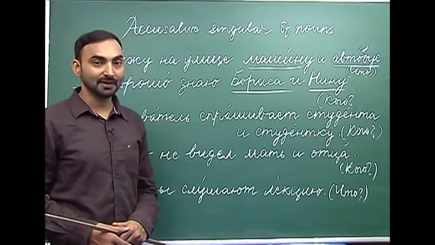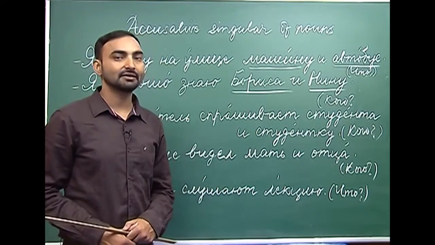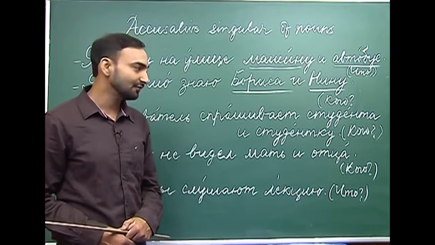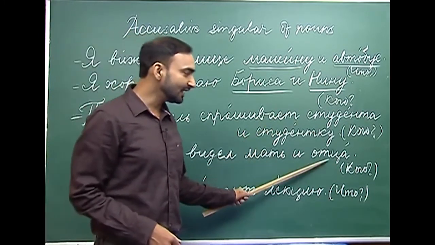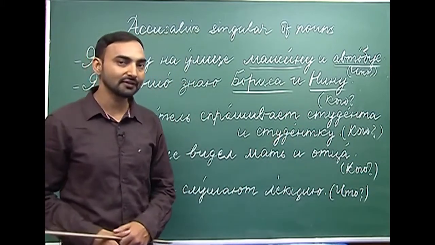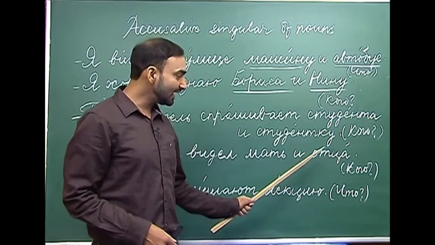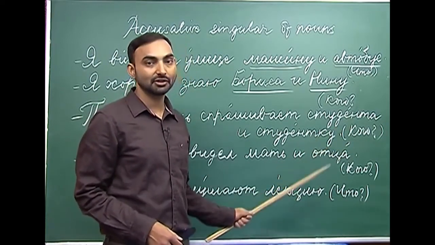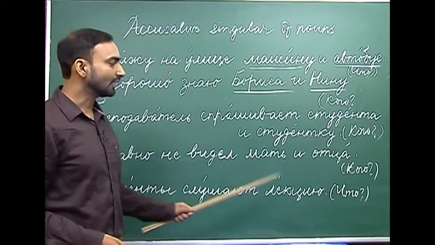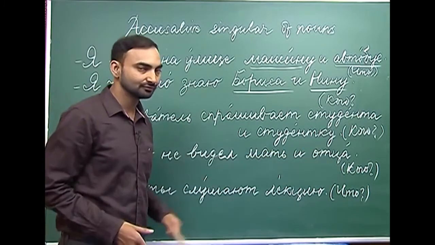Because I have already explained that all the feminine nouns with soft sign ending do not change their form in the accusative case. And otets has become otsa. So otets ends with a hard consonant, that is why an a is added at the end and e has been dropped. So this you need to remember. And again the question is kavo, that is why we have used animate nouns.